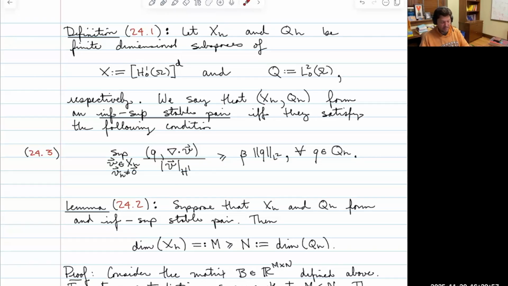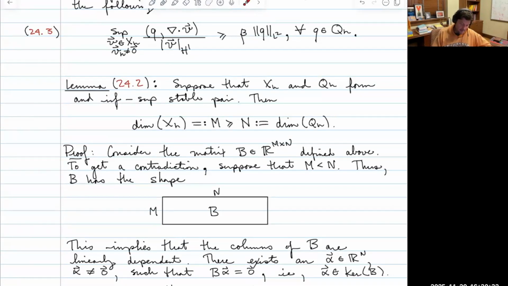They can't be chosen independently. So we say that it's a special pair XH, QH, an Inf-Sup stable pair. And we'll talk in a lecture or two about some choices which do satisfy this condition. Not all subspaces satisfy it.